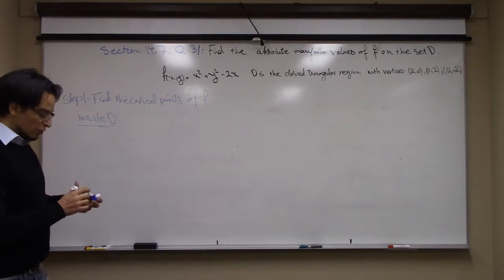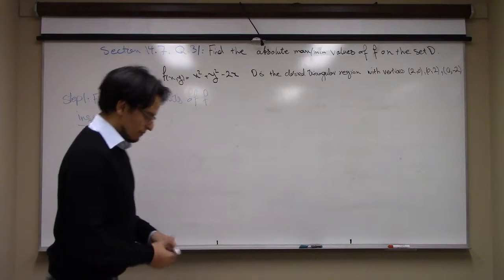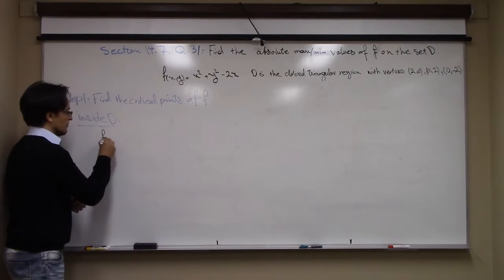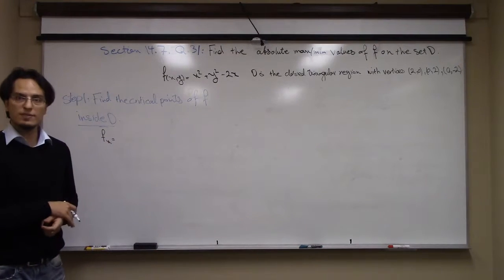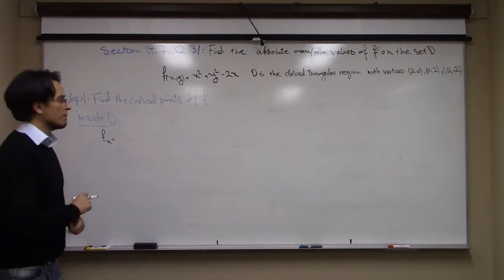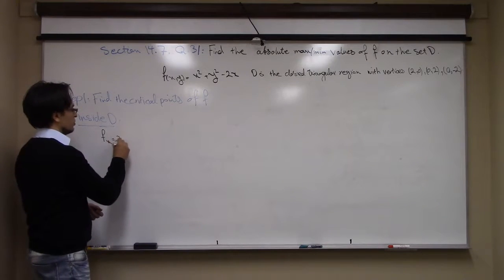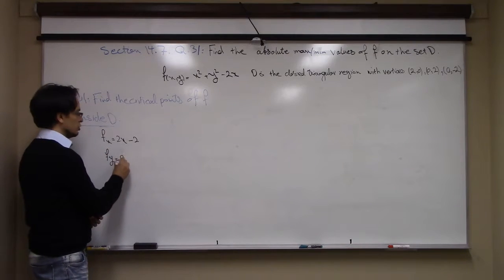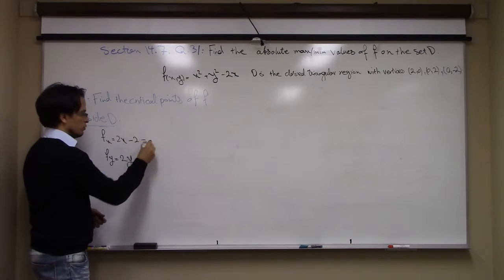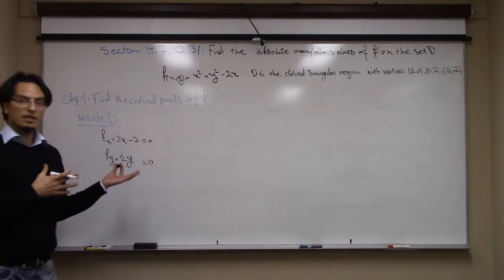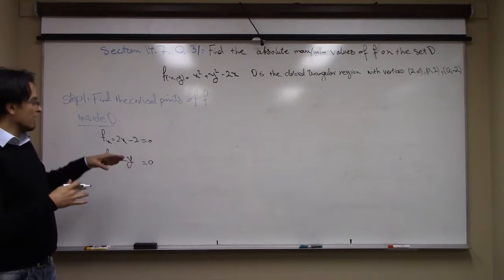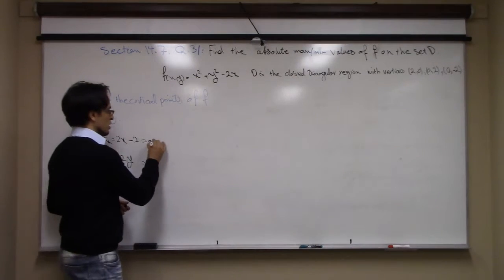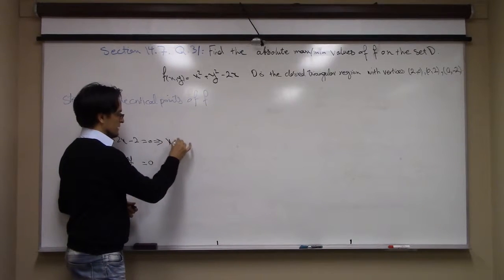Okay, to find critical points, what we do is find the first partial derivatives and set them equal to 0. So f_x is 2x minus 2, f_y is 2y, set them equal to 0. These are easy equations. Each one has only one of the variables, so you can solve them easily.